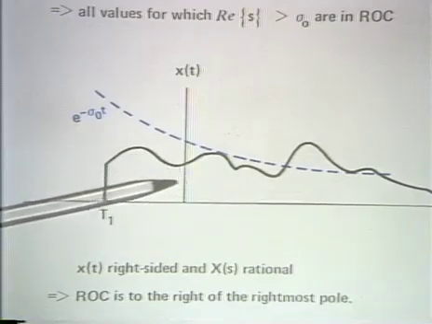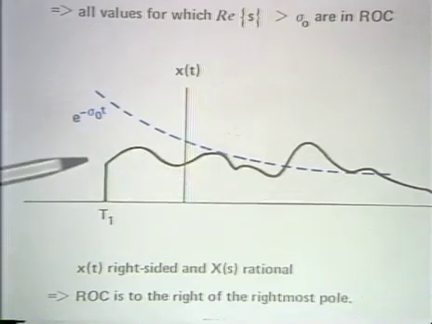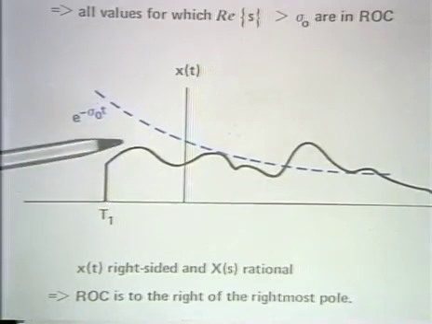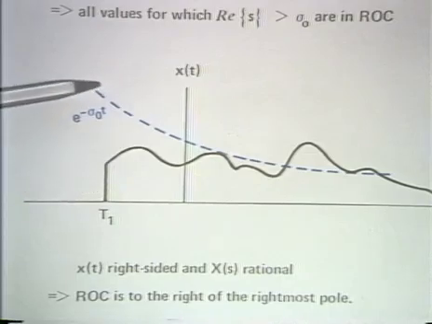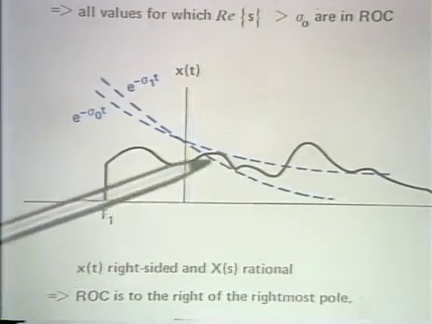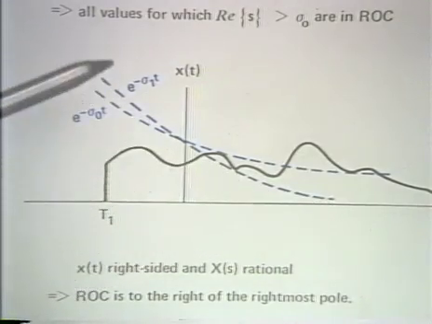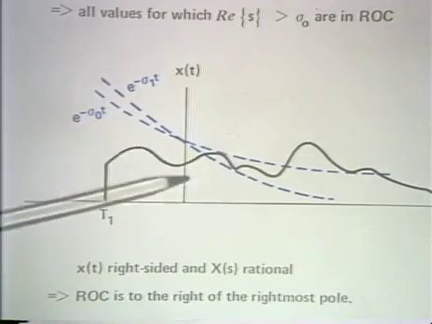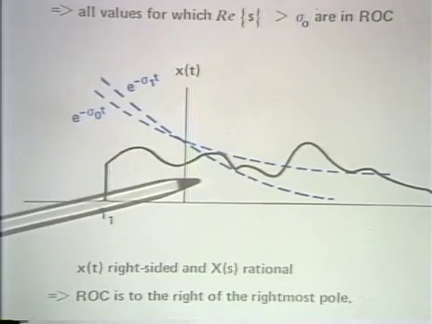Whereas they might be worse for negative time, that doesn't matter because before some time, the product is equal to 0. So if this product is absolutely integrable, then if I chose an exponential e to the minus sigma 1 t, where sigma 1 is greater than sigma 0, then that product will also be absolutely integrable.